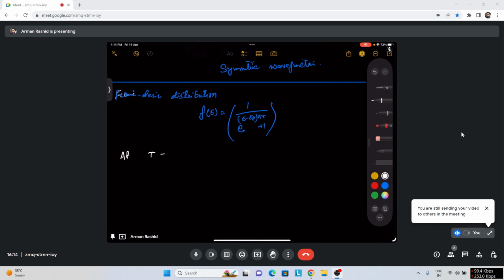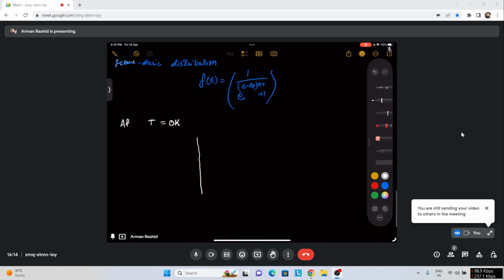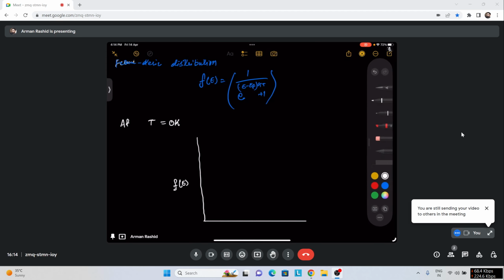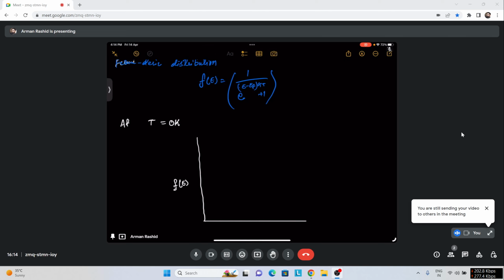Now if we want to plot the Fermi-Dirac distribution at 0 Kelvin, I am plotting it here. This is f of E. This is very important.